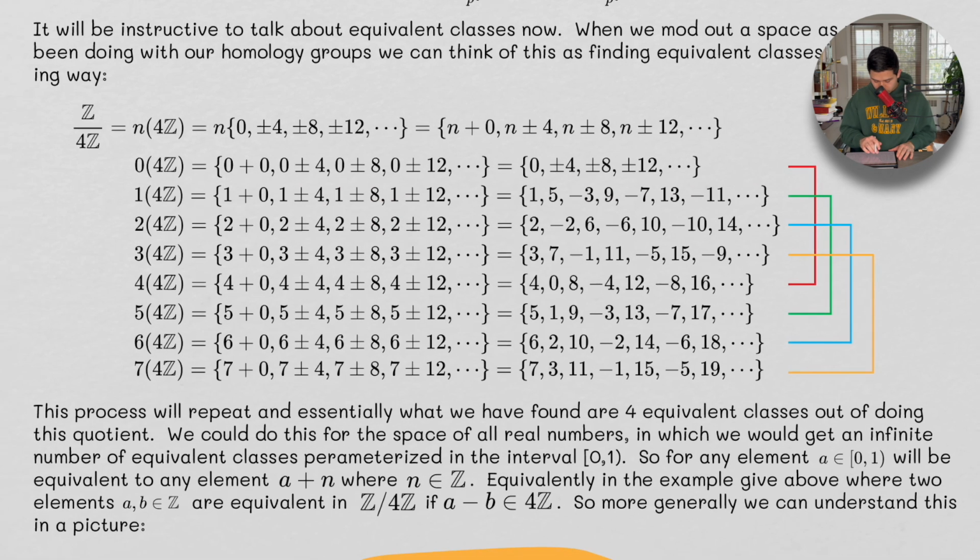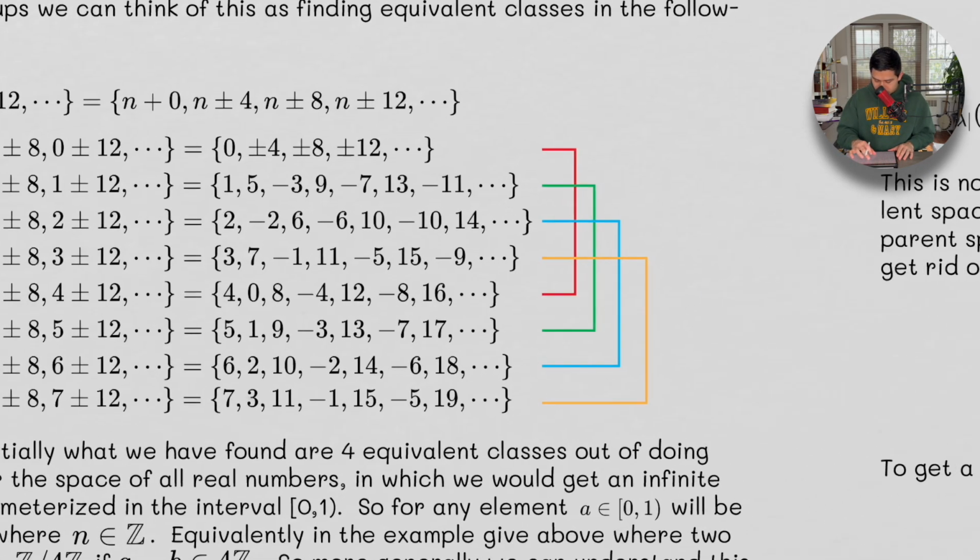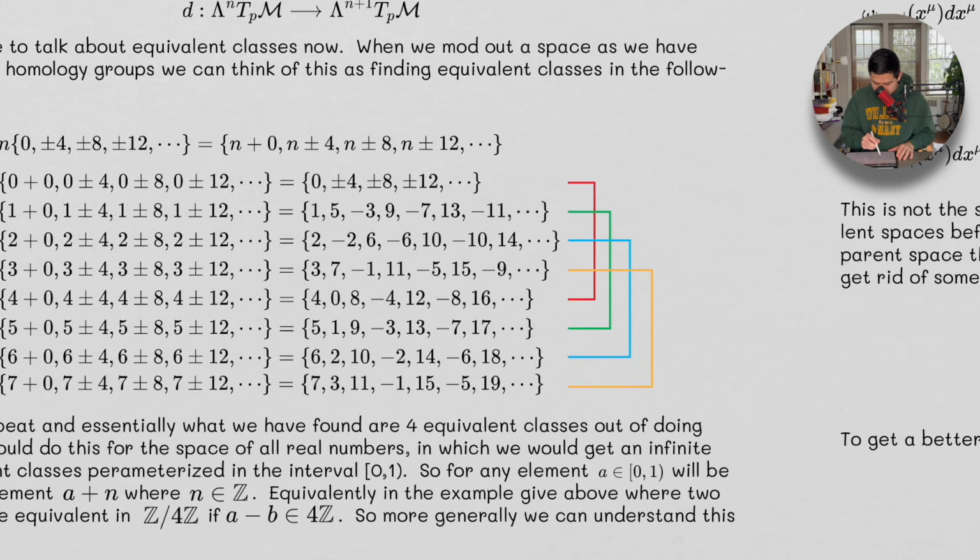We can do it for 2, 3, 4, 5, 6, and 7, and we can do it for all of the other integers, but I just went up to 7 for illustrative purposes, because when we look at these sets now, we see that this set here is the same as this set, right? Because we have 4, 4, 0, 0, 8, 8, negative 4, negative 4, 12, 12, and so forth.